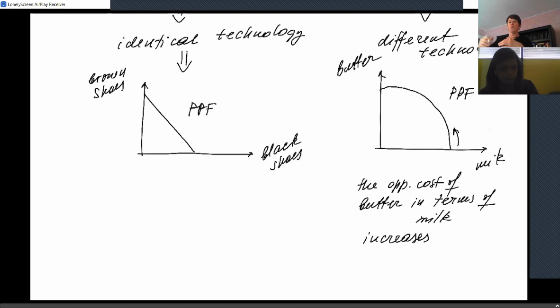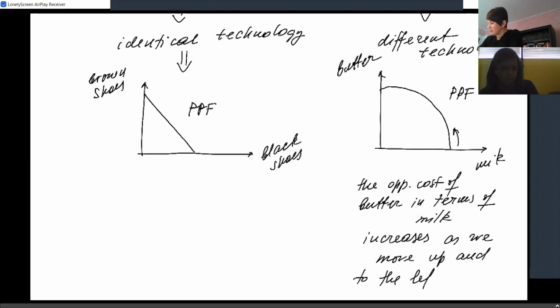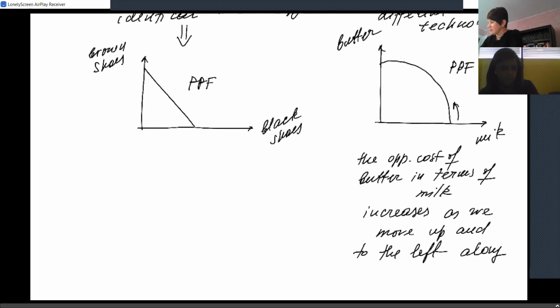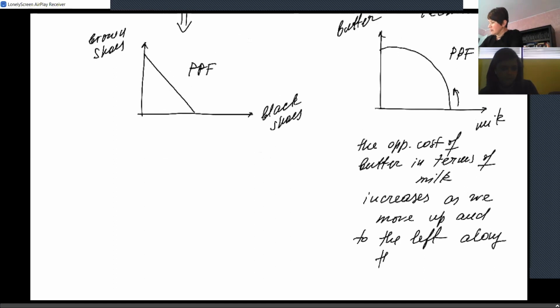We'll have to give up more and more milk to gain the same 10 pounds of butter. Increases as we move up and to the left along the PPF.